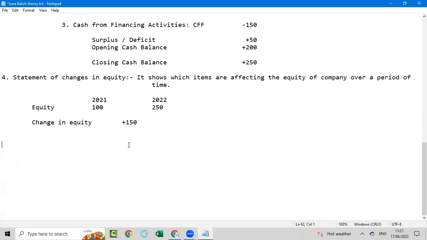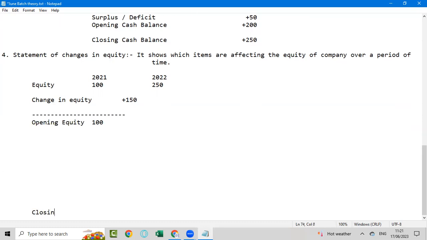So like, opening equity is 100. Closing equity is 200.